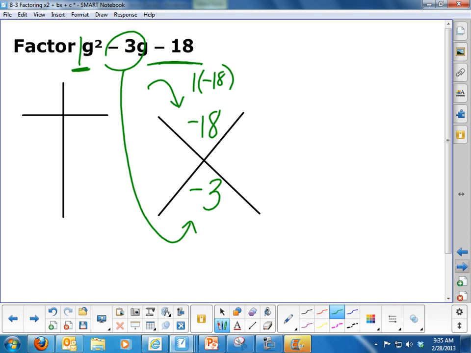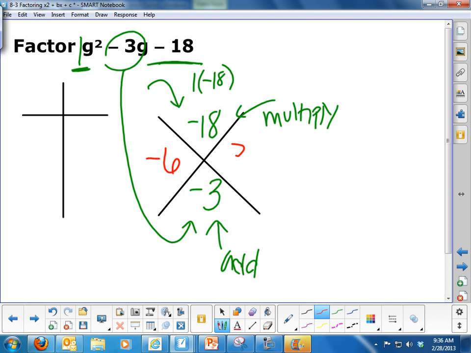Now I come up with what two factors multiply to give me negative 18, but add to give me negative 3. What would those be? Well, after a little bit of thought, you guys should come up with negative 6 and 3. Negative 6 times 3 is negative 18. Negative 6 plus 3 is negative 3.